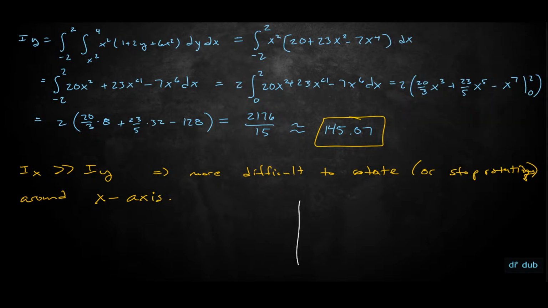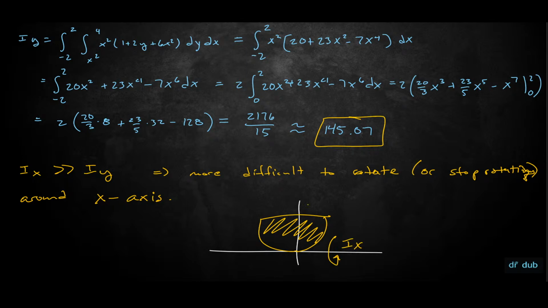And we can think about this from a physical standpoint. We had our lamina like that, and it's much harder to rotate it around the x-axis versus the y-axis, because of the mass distribution.